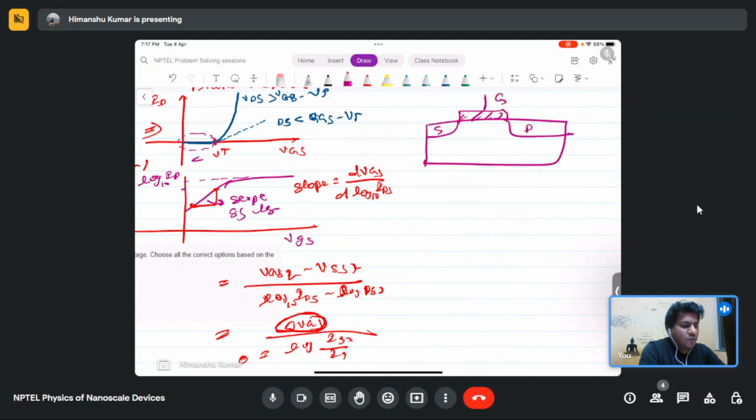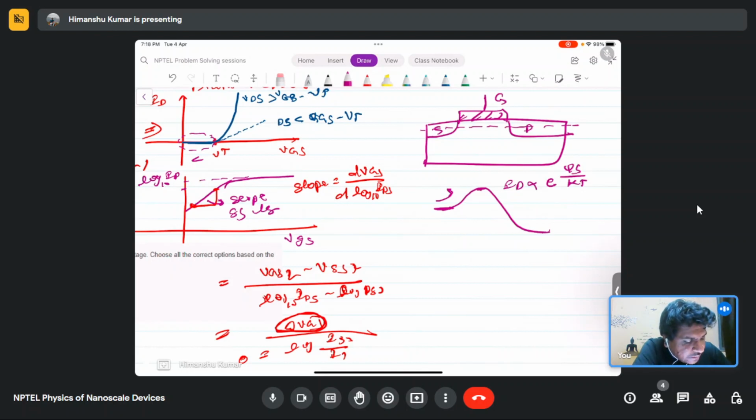If we draw the band diagram along this channel, it is given by this. The current ID is proportional to the exponential of psi s by kT, where psi s is the barrier between the source and the substrate region.